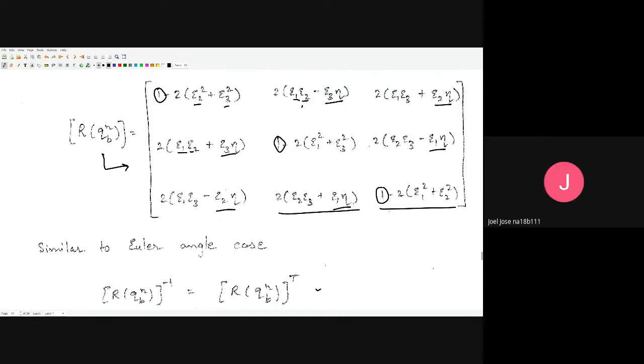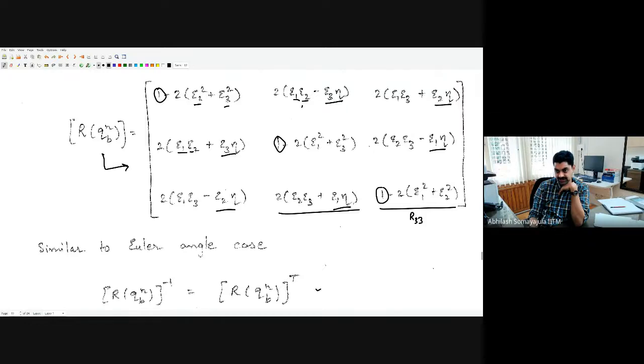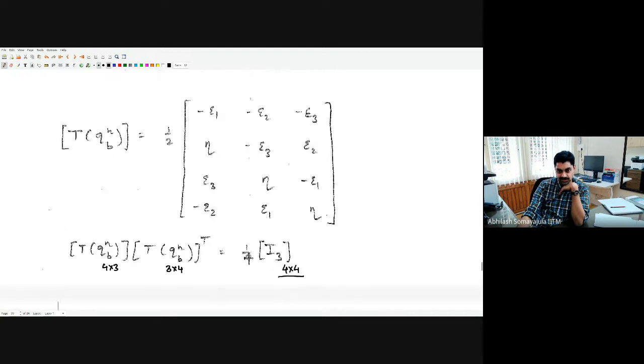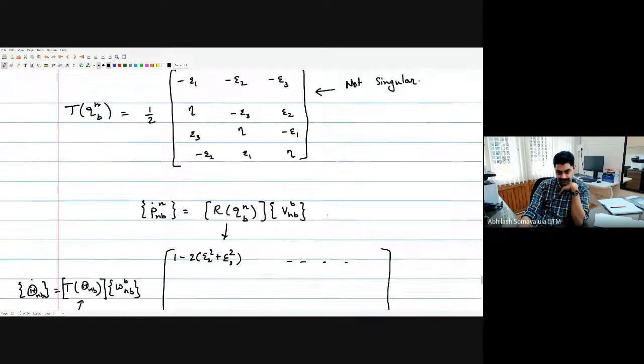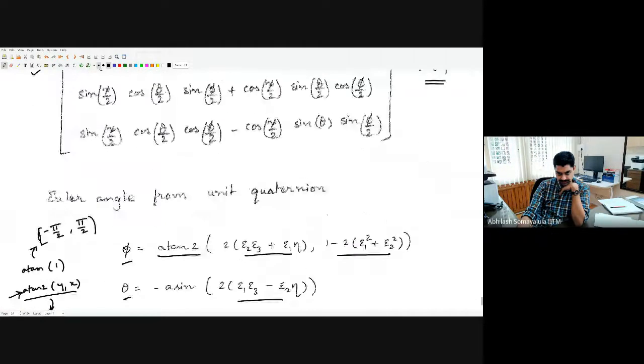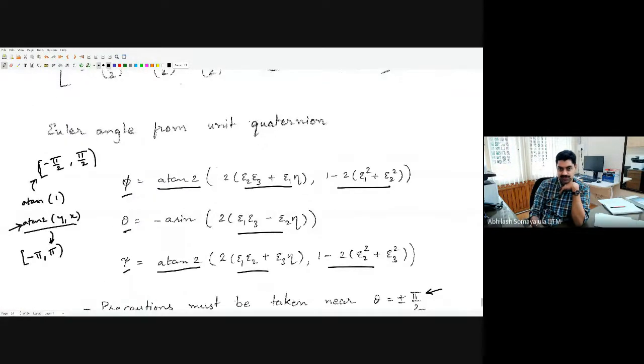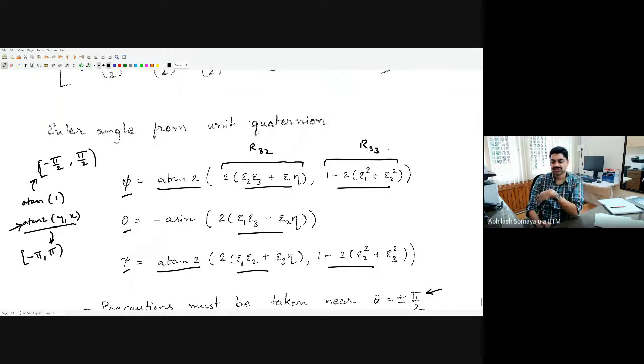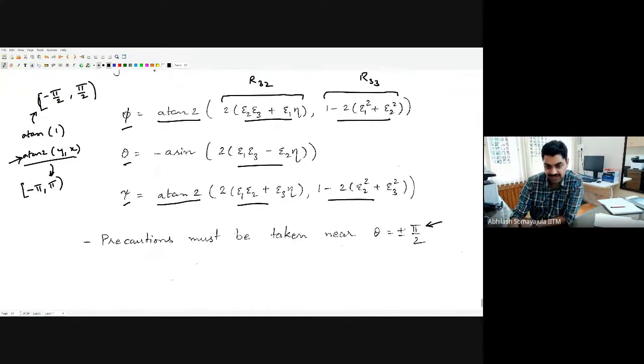Because this term is R33 and this term is R32. So if we look at what the value is here, this value is nothing but R32 and this value is nothing but R33. So that is how we look back at the rotation matrix and identify the relationship between the quaternions and the Euler angles.